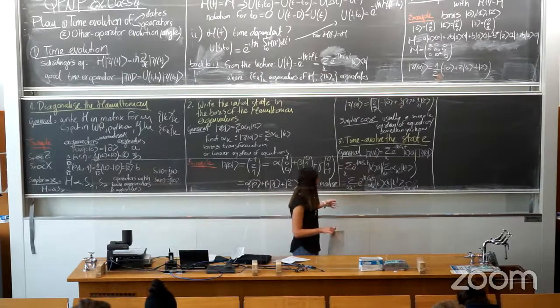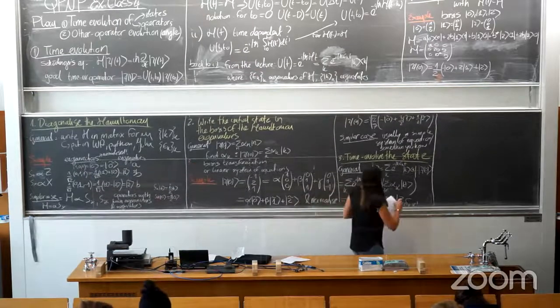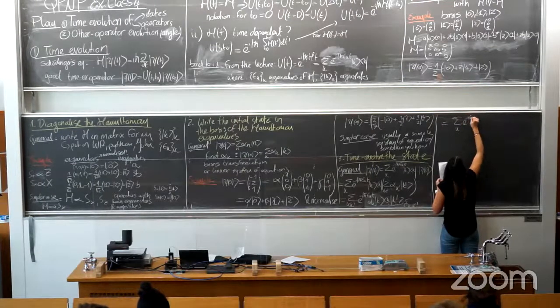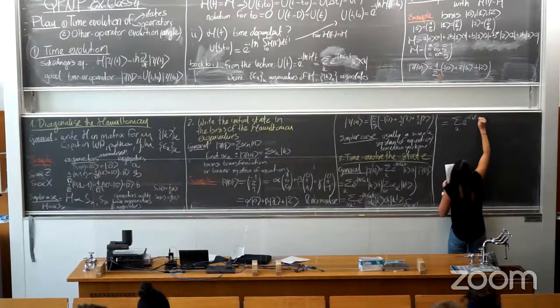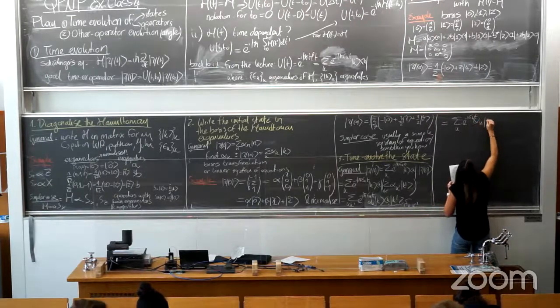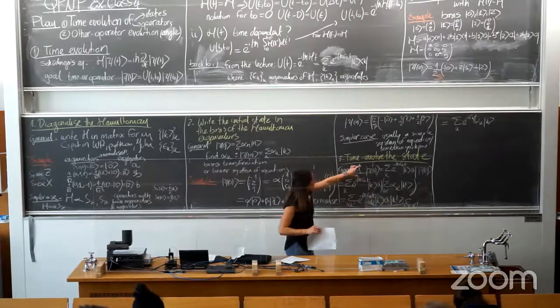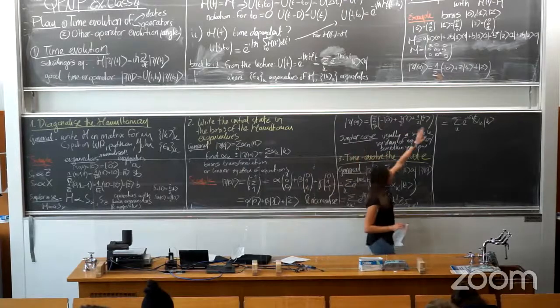So here, these reduce to the sum over k of e to the minus i E_k t over h bar, h_k, |k>. And of course, you don't have to do this. You can straightforwardly say, I have this result.